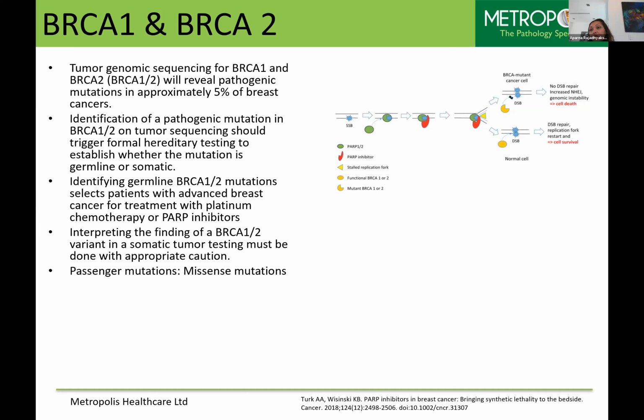The truncating or frameshift mutations, which cause the protein not to be formed correctly, are the driver mutations, and those are the ones that germline testing should be done for. So it's important that the BRCA1 and 2 mutations be interpreted with care.